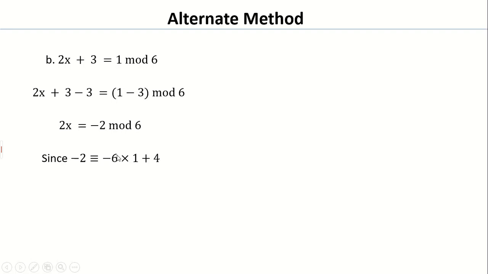Then how do you get this -6? This -6 is coming from the modulo. Just pick the modulo and put a negative sign there, and multiply by 1. Why do I multiply by 1? Because I know that if I take 6 and multiply by 1, it will give me 6, which is greater than 2.